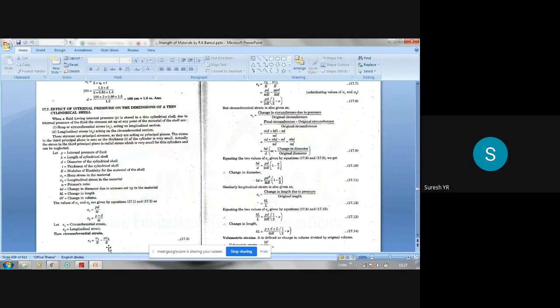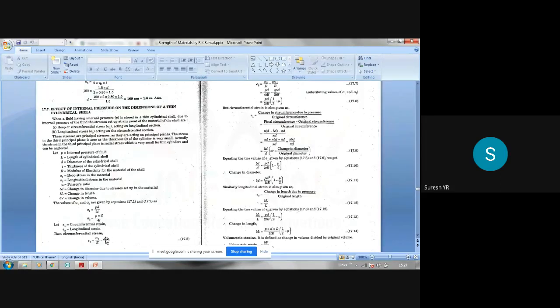Now, if you apply that generalized Hooke's law here, epsilon 1 is nothing but epsilon x. I am taking circumferential strain as epsilon 1. When you write the expression for circumferential strain epsilon 1, it is given by sigma 1 by E, the strain in that direction.